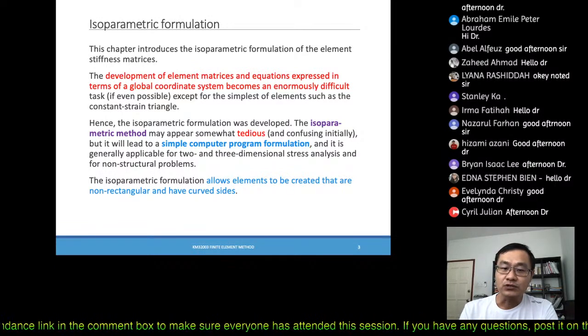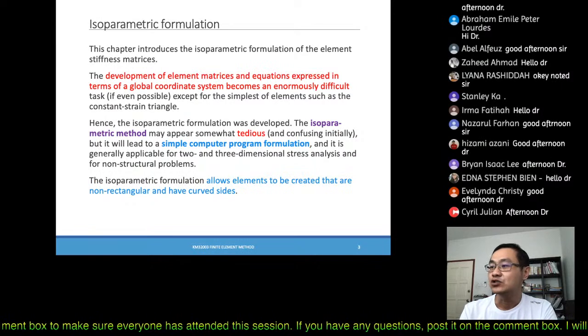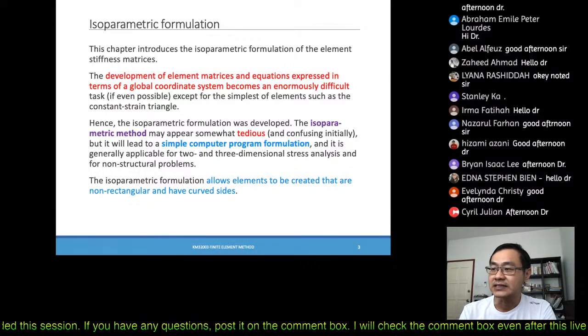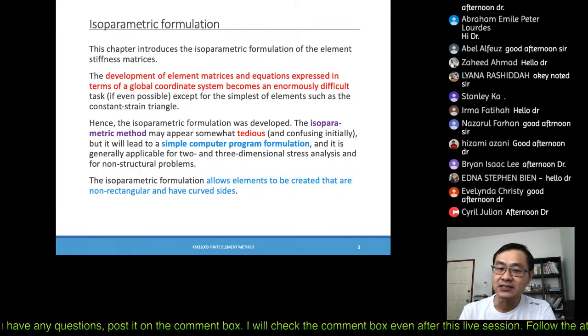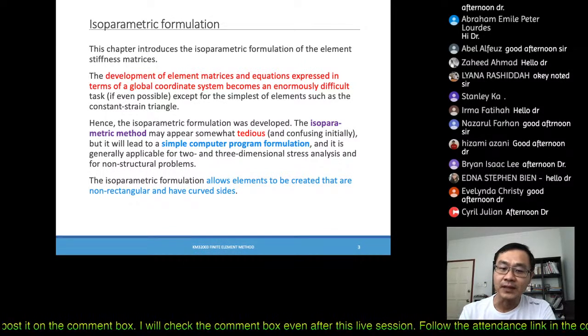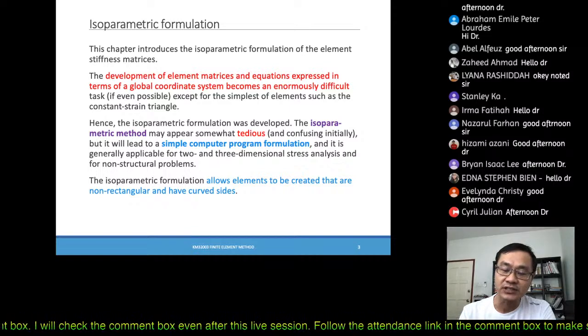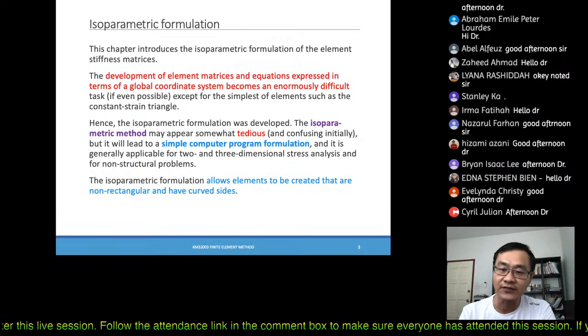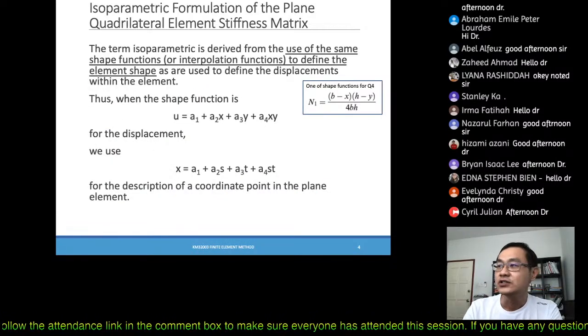The isoparametric formulation allows elements to be created that may not be rectangular in shape, or that have a curved shape.